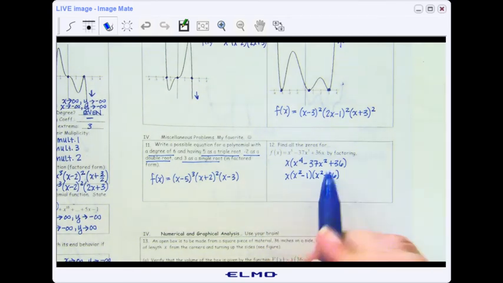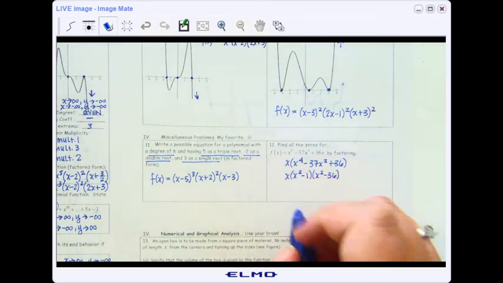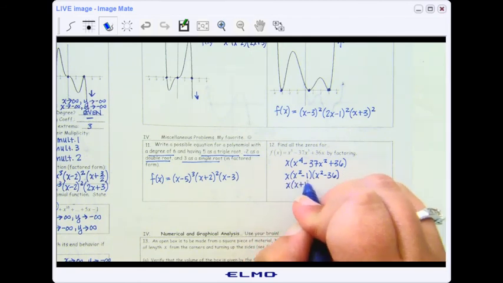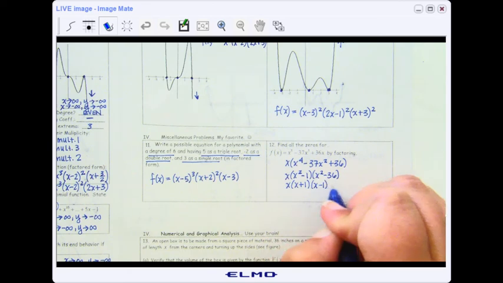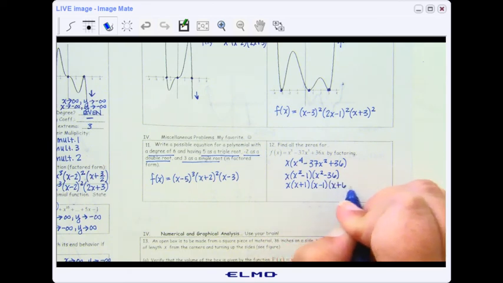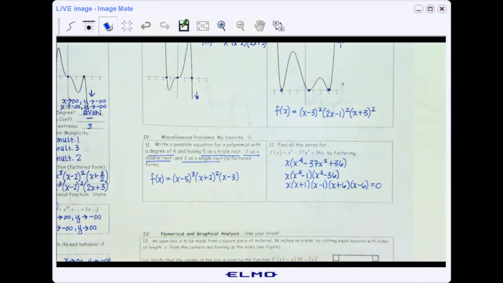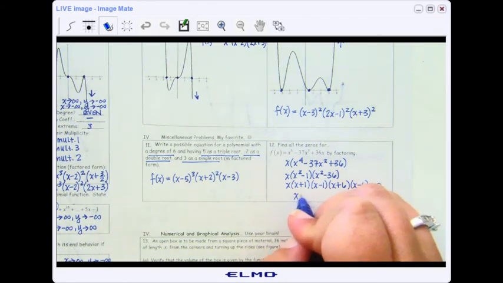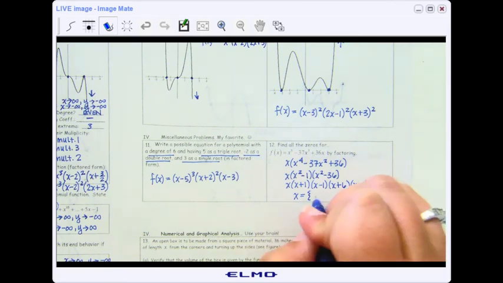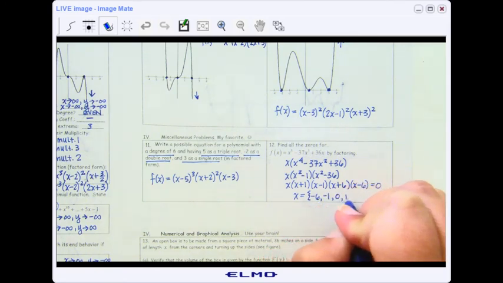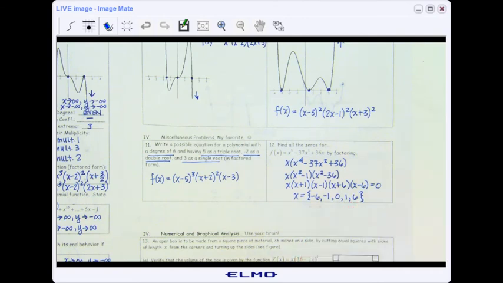Well, this is a difference of squares. So this is x times x plus 1 times x minus 1 times x plus 6 times x minus 6. And you set all that equal to 0. So this becomes x is equal to -6, -1, 0, 1, and 6.